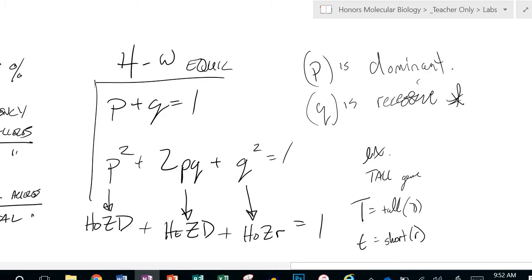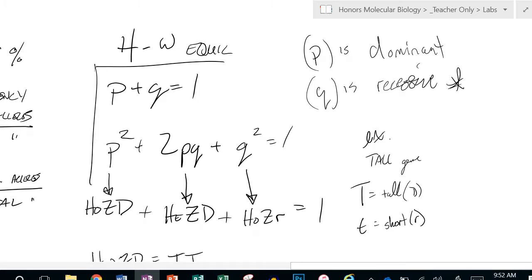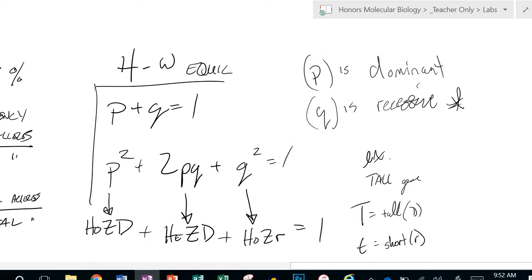In a homozygous dominant, obviously there's no recessive allele, so you're going to have the dominant trait. In a heterozygous combination of a dominant allele and a recessive allele, the dominant allele will again win out. So even though there's a recessive allele in that person, they will still express the dominant trait.